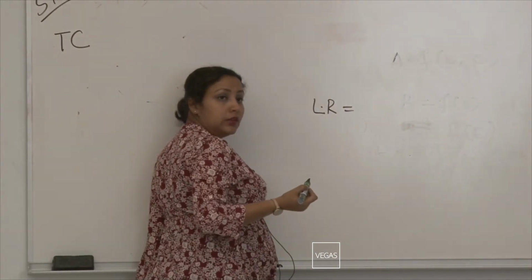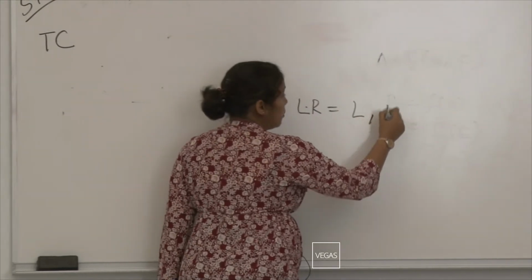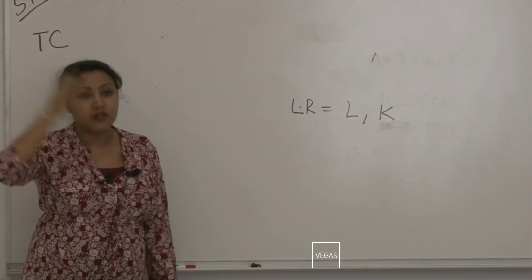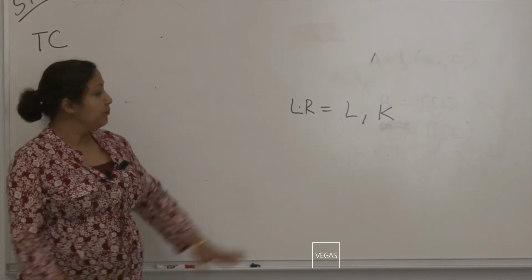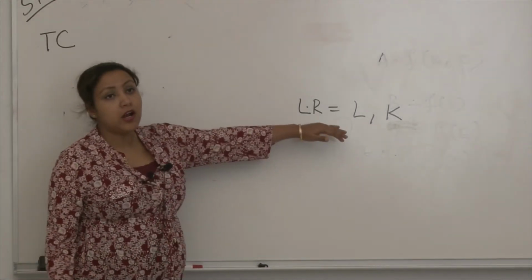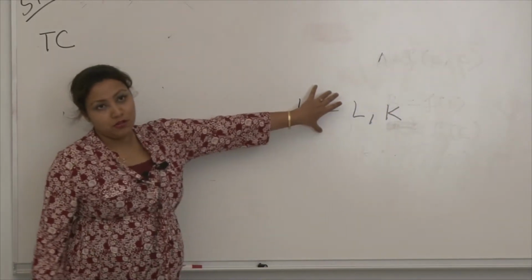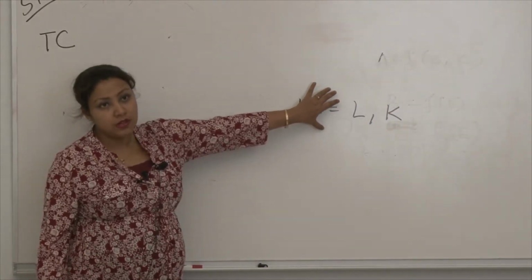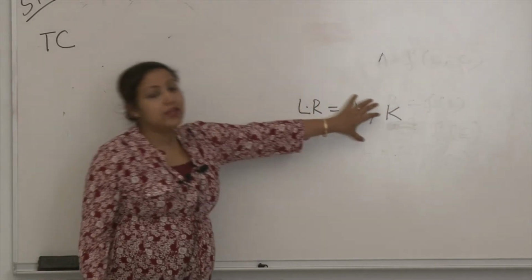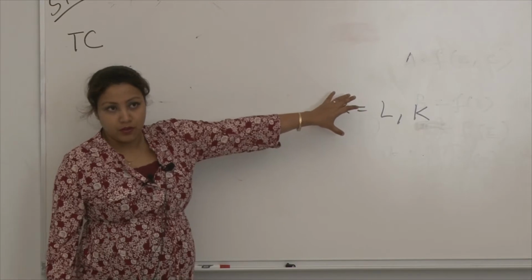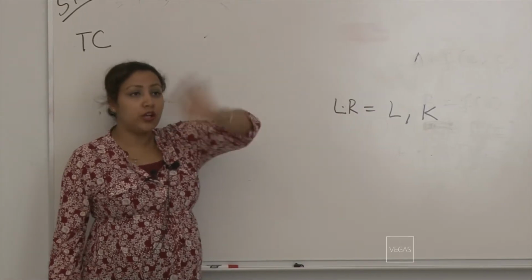In the long run, when both inputs are variable, at that point in time in a country like America you would have more capital and less labor. Do you see what I am saying? It is more capital being used than labor in a country like America or any developed country, if it is long run, if both can be changed.